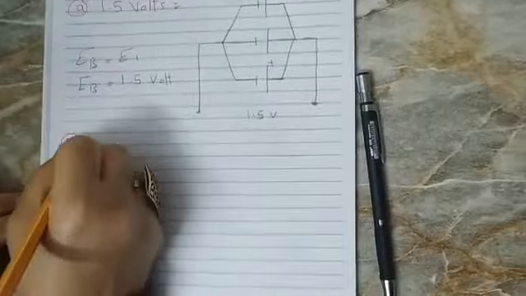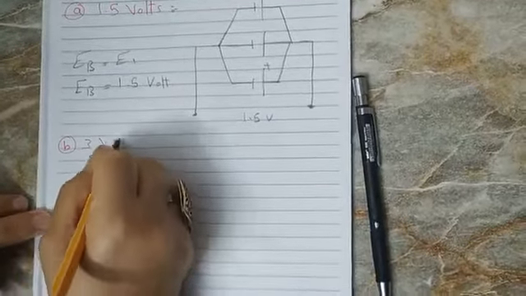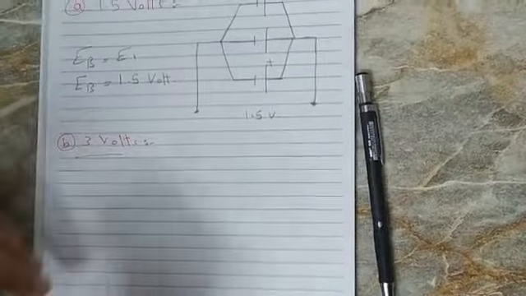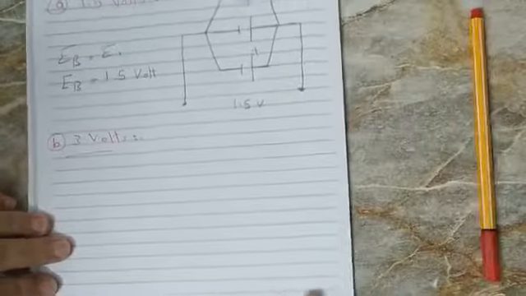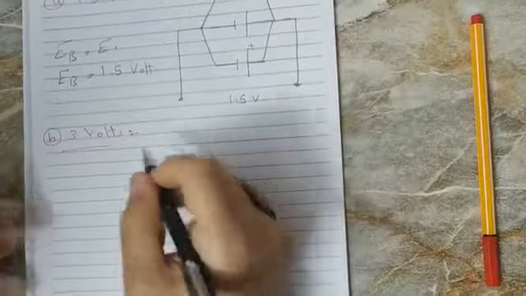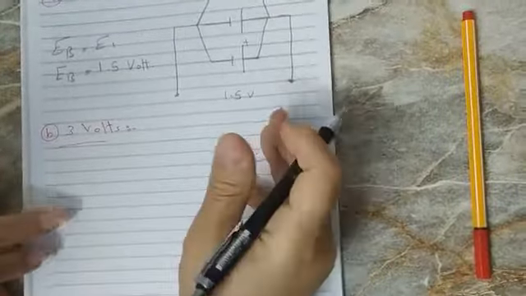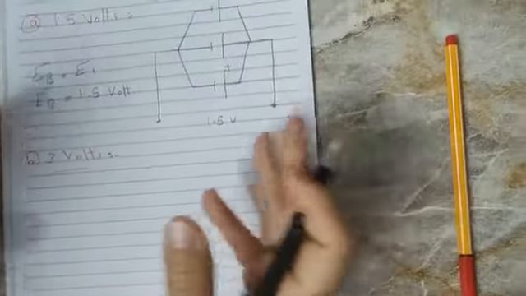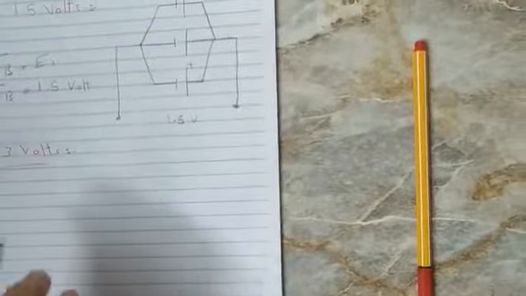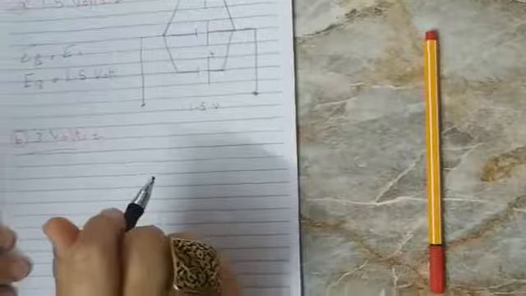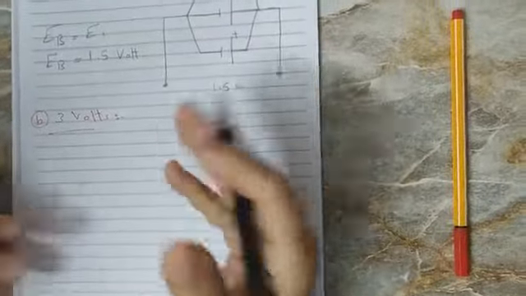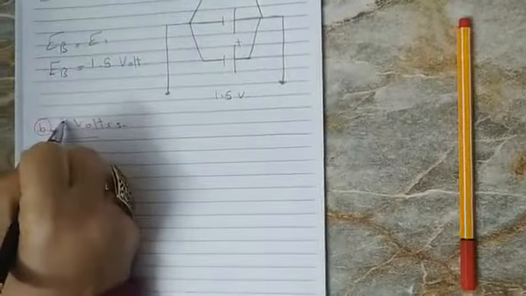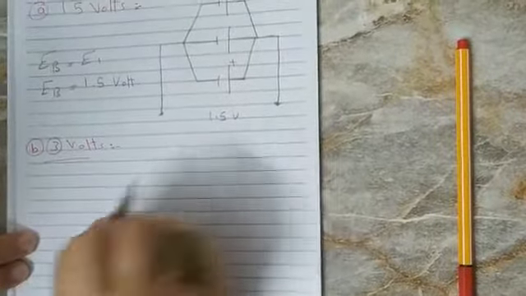Here, if we connect them in series, the total will be 4.5. If we connect all of them in parallel, it will be 1.5. So we have to connect some of them in series and parallel. We will use both methods. How will I do that? We want to get 3 volts.